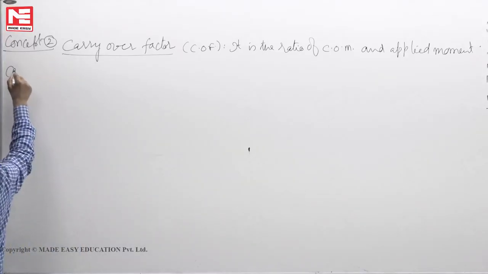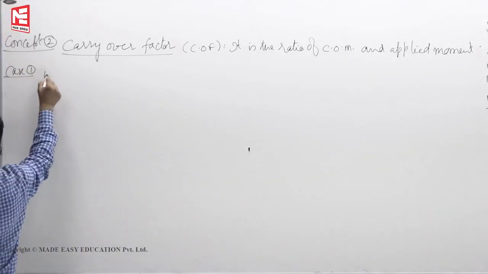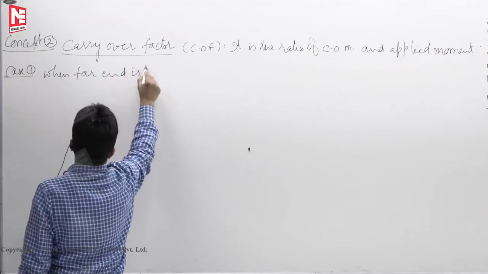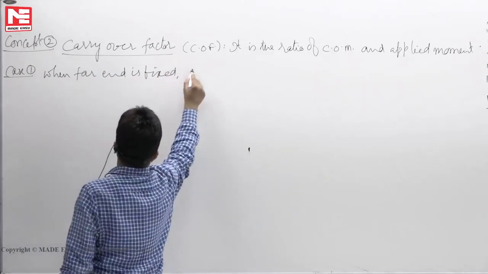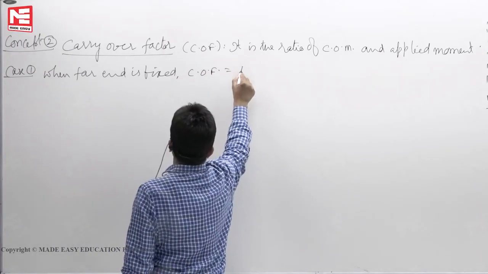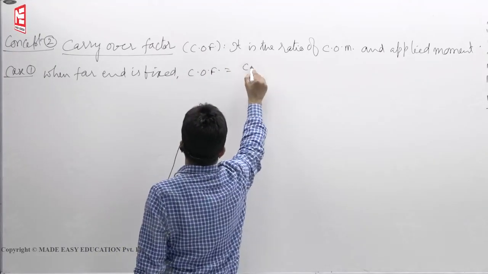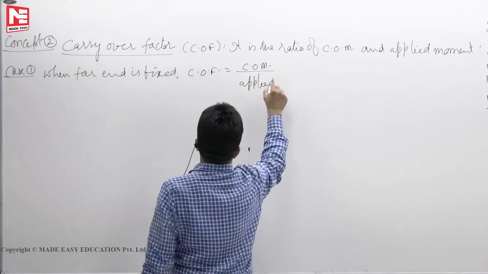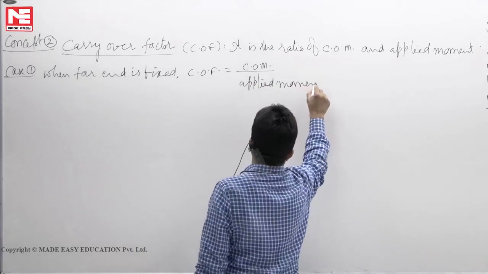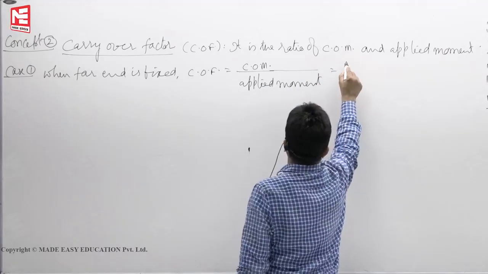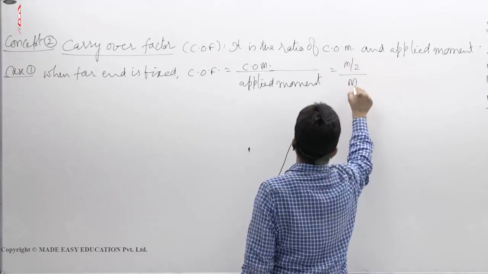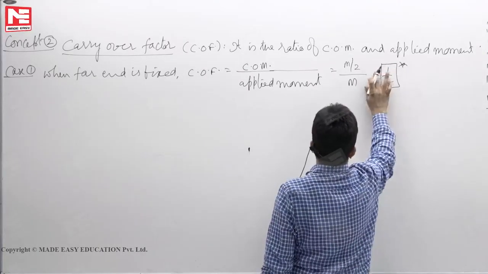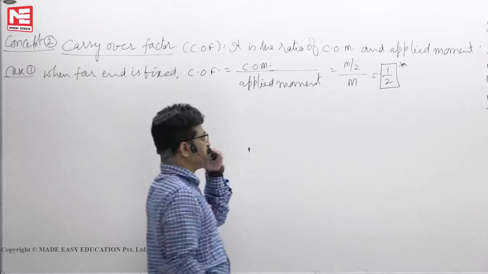Now case 1, when the far end is fixed, carryover factor is equal to carryover moment by applied moment. Carryover moment, just now you have learned, is M by 2, applied moment is M. So when the far end is fixed, carryover factor is 1 by 2.